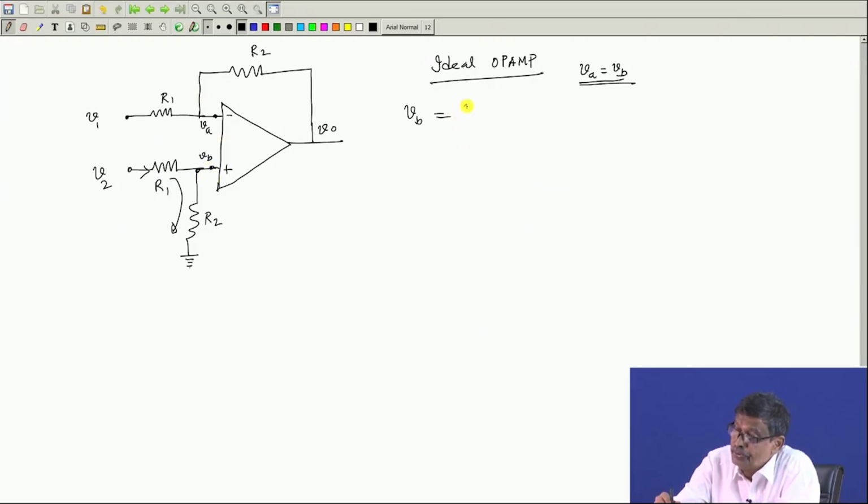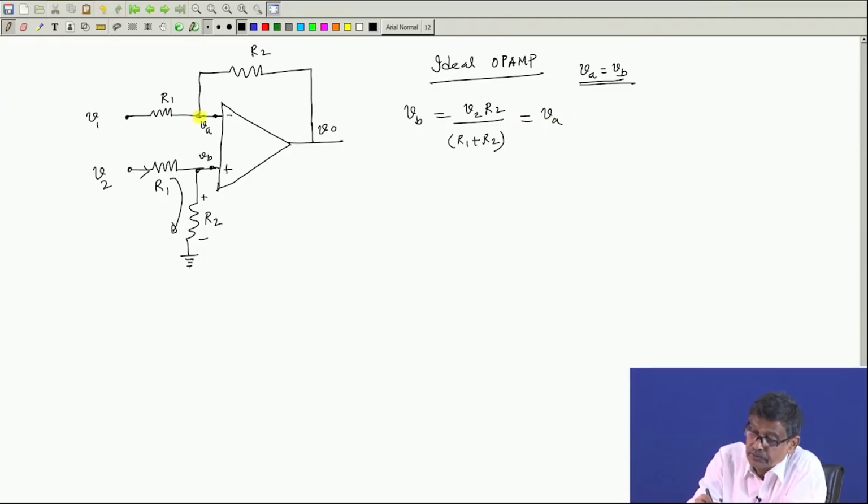So V2 divided by R1 plus R2, into R2. The potential drop between these 2 points is your VB with respect to this point. If this is VB, I will say this is also equal to VA, and you are done.